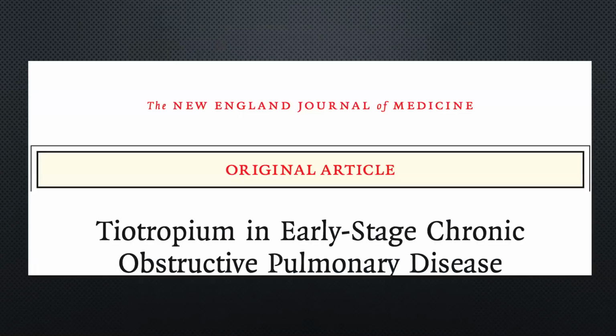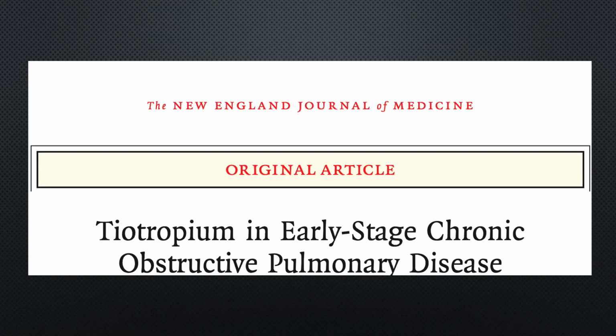That's because there's some newer data to suggest that using a LAMA or tiotropium in patients with early stage chronic obstructive lung disease benefit from just a LAMA alone, because it reduces their hospitalizations or exacerbations and also their symptoms. This was a multicenter randomized double-blind placebo-controlled trial. It was done in China, and it had about 840 patients.